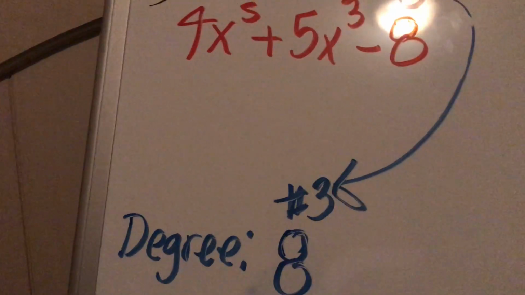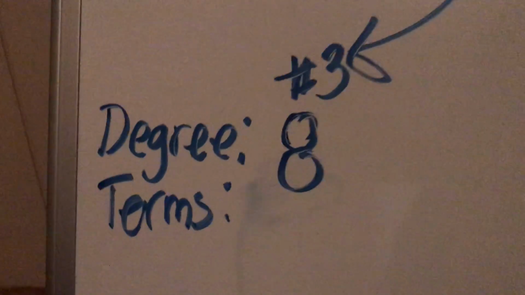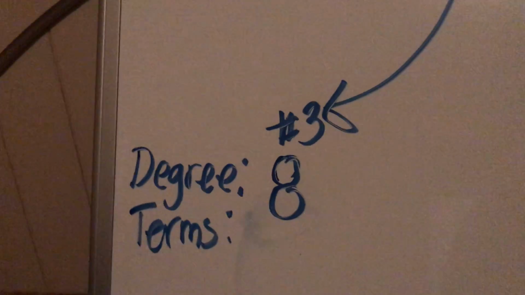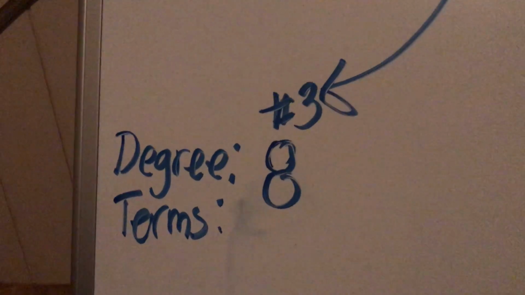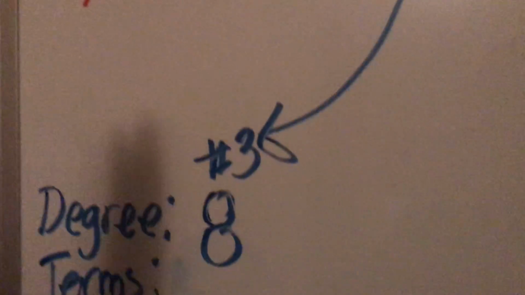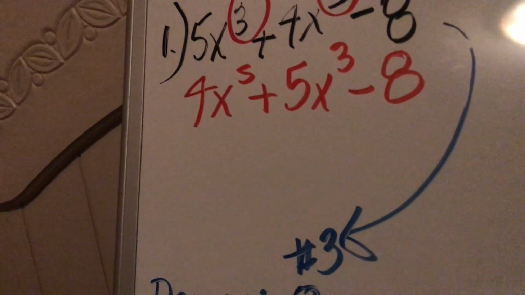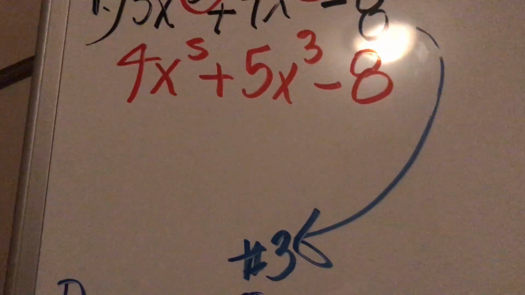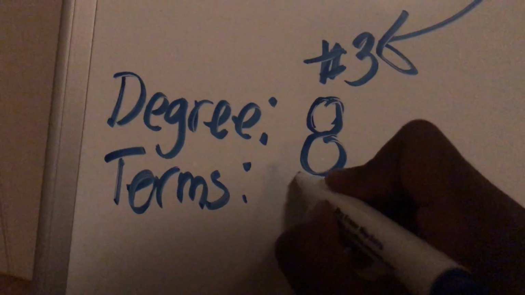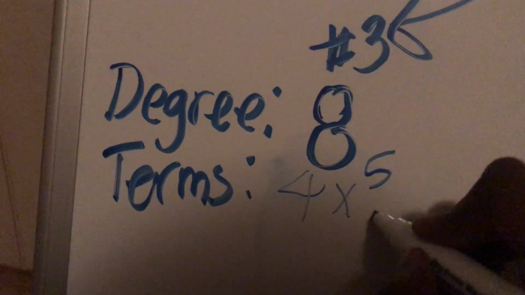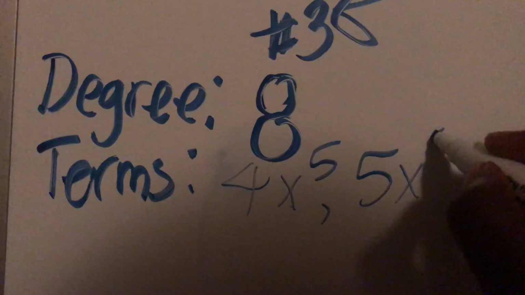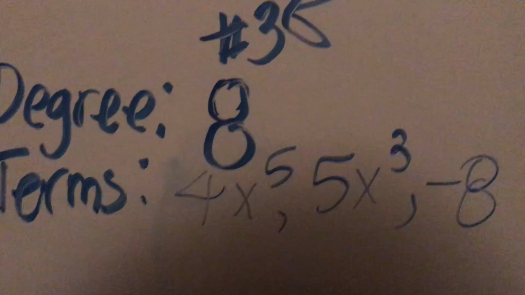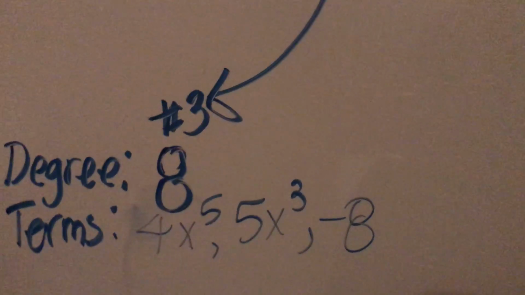Anyways, then they ask for the terms. So basically, for the terms, you're just simply going to list out everything that's here. Okay? Just list out everything that's here. So your terms are going to be 4x to the 5th, 5x cubed, and negative 8. Those are your terms.